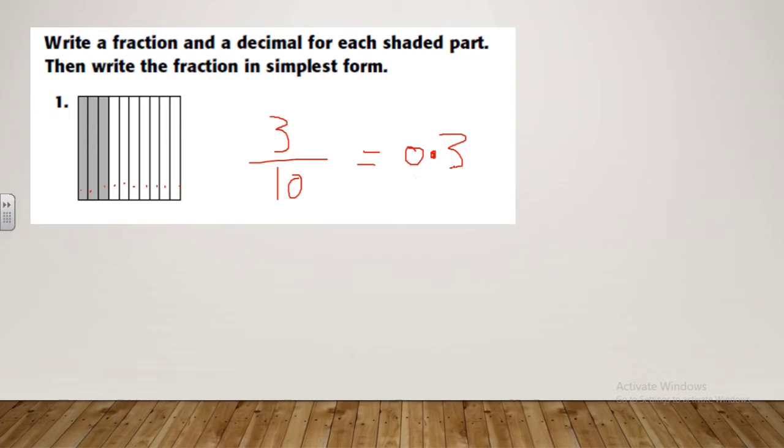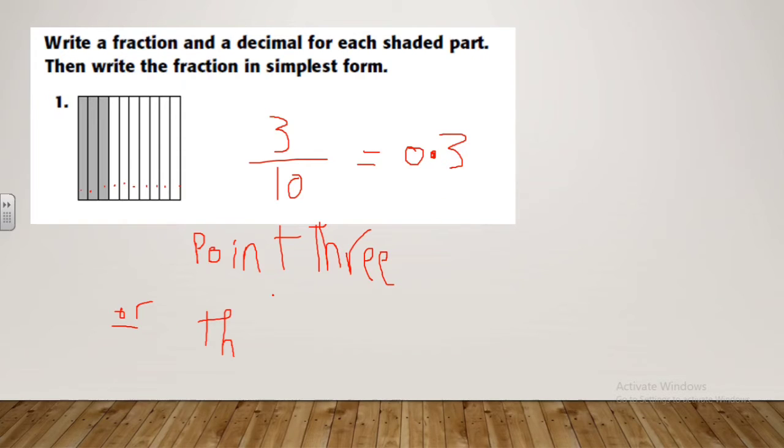So here it's 0.3. If you want to write this number in words, you can write it in 2 ways. You can write like this: 0.3, or you can write it like this: 3 tenths.